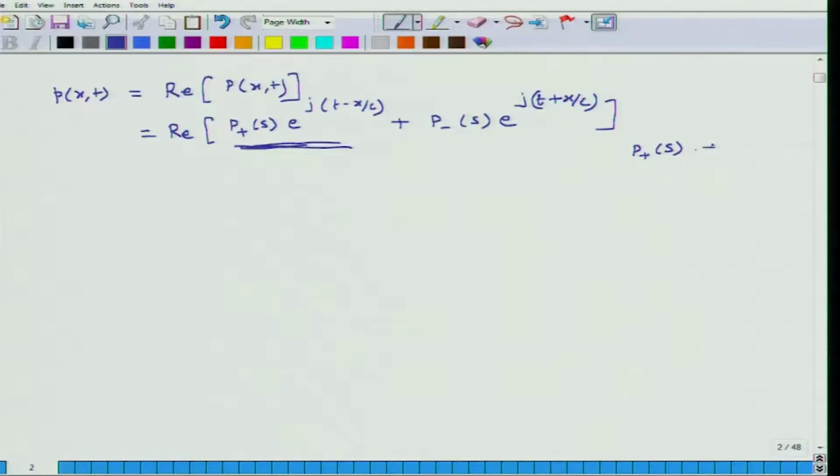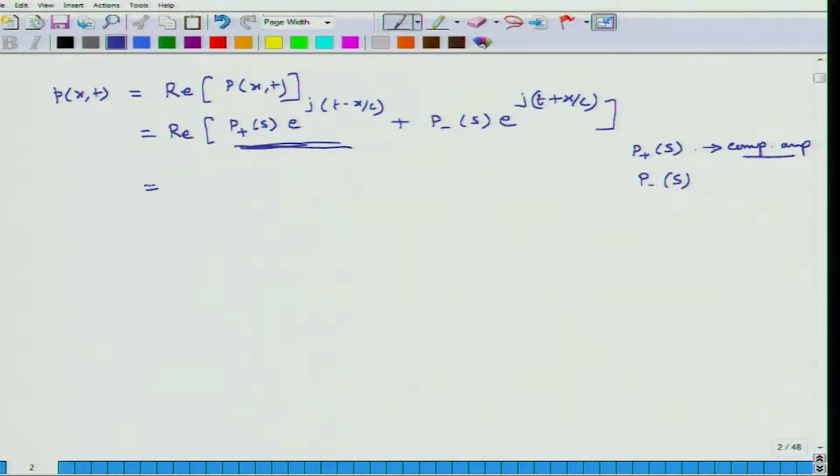So this is a complex amplitude. Similarly, p minus can also potentially depend on complex frequency s.